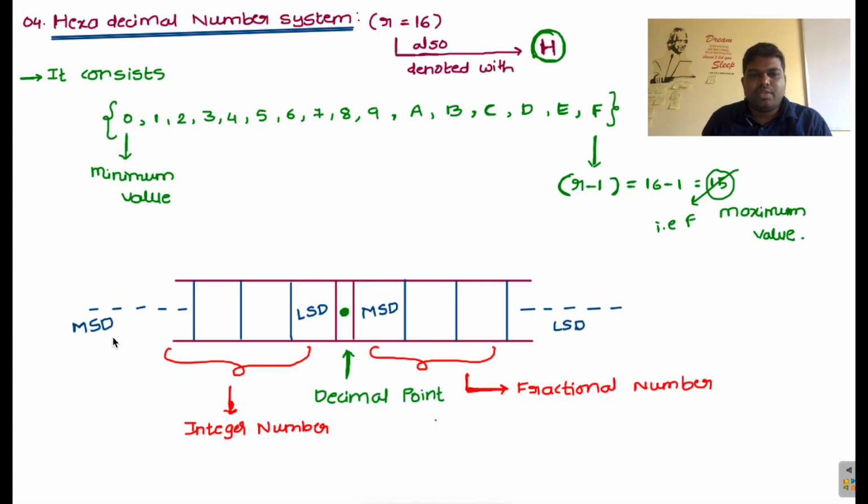This is most significant digit and least significant digit, most significant digit after the decimal point, and this one is least significant digit. And now you can assign the base positions, that is 16 power 0 and 16 power 1, 16 power 2, and so on.